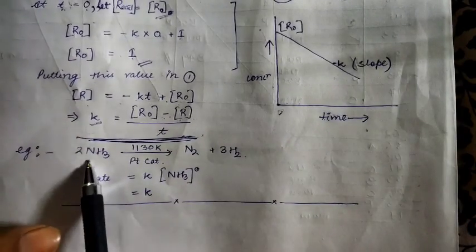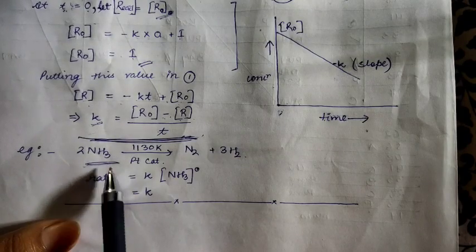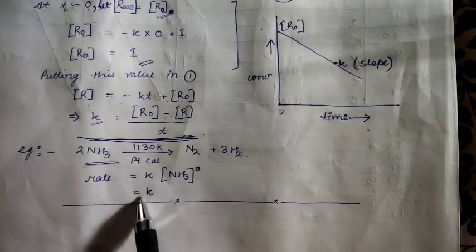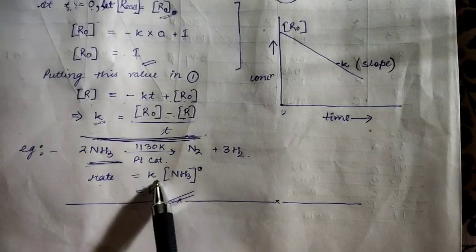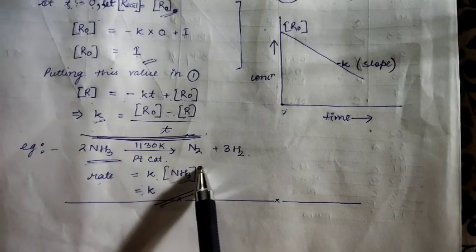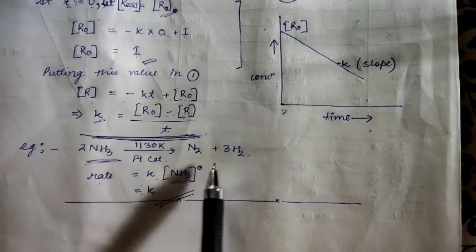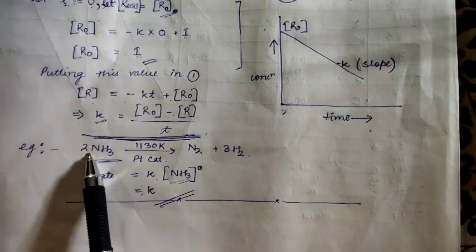Next example is the decomposition of ammonia, which is an example of a zero order reaction. Is it clear? And we have just written here that the rate is equal to K times the concentration of the reactant, that is ammonia, to the power 0. Remember one thing, don't put 2 here by mistake because it is the order, it is not the coefficient.